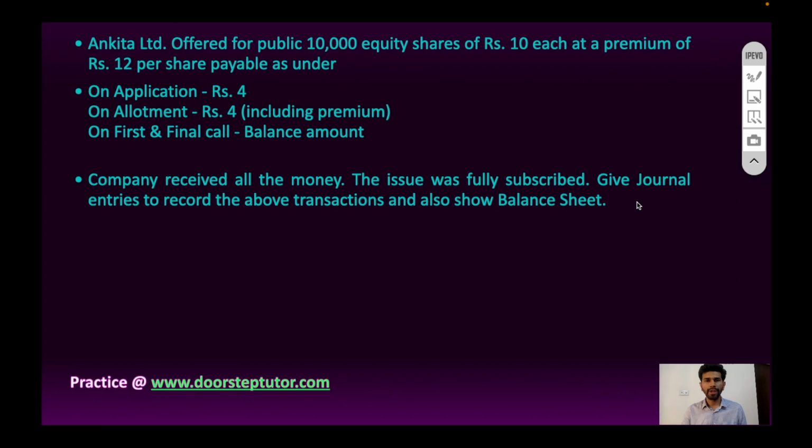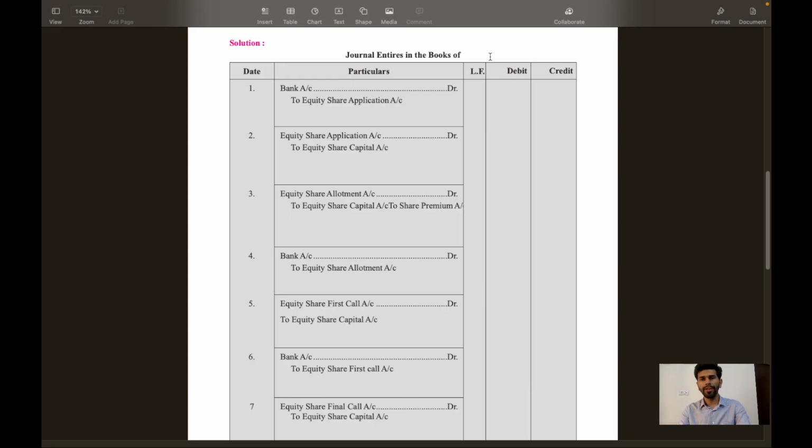Let's start with journal entry. In the books of Ankita Limited, the first entry will be on receipt of application money on 10,000 equity shares at 4 rupees per share.